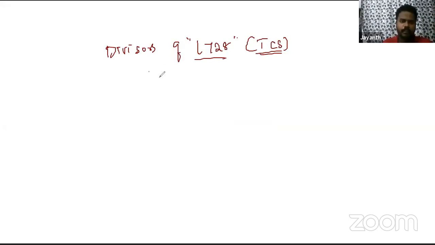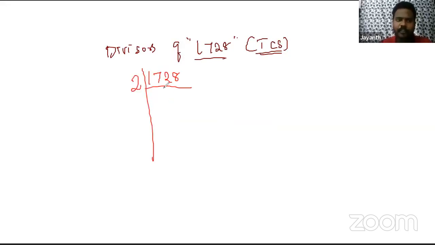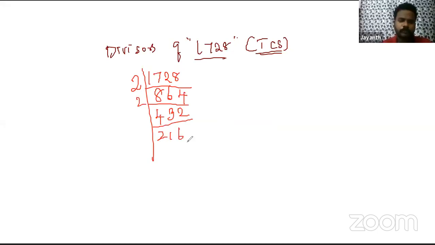I'll write and explain. First we have to find the prime factors, right? It's an even number, so start with 2. Yes, Radha, it's 28. Dividing by 2 gives 432. Dividing by 2 gives 216. Dividing by 2 gives 108.